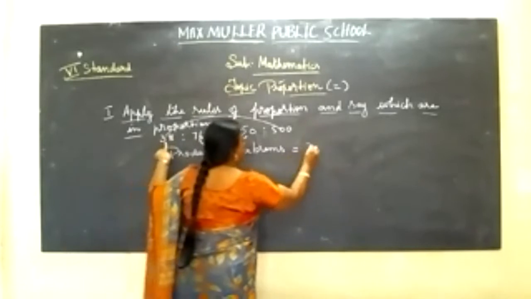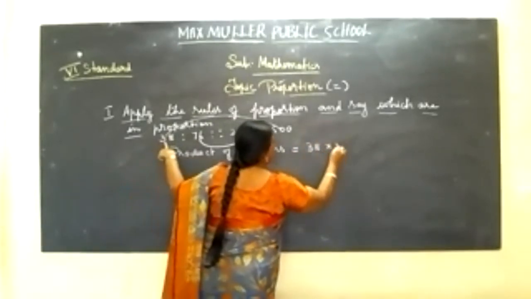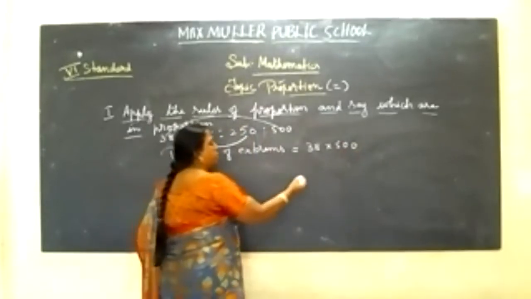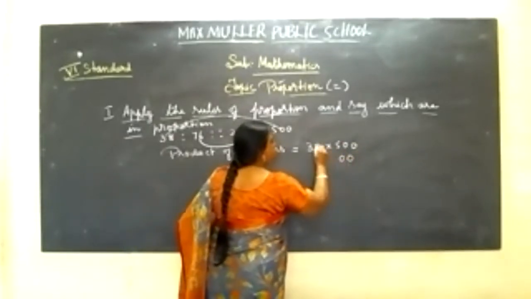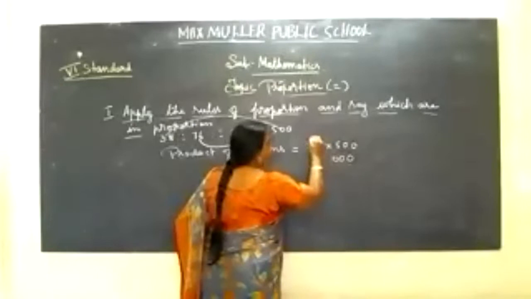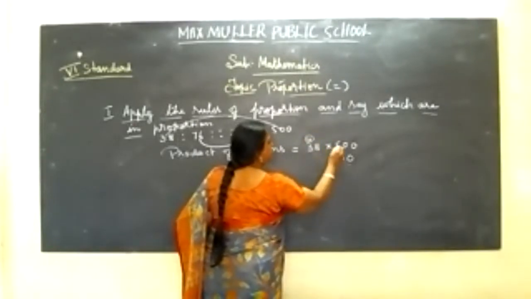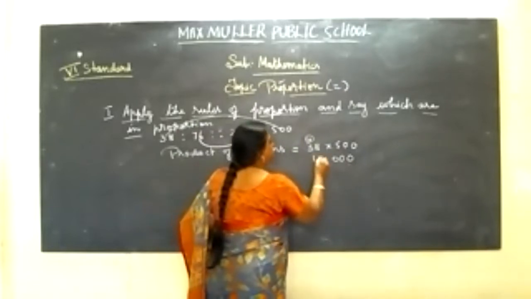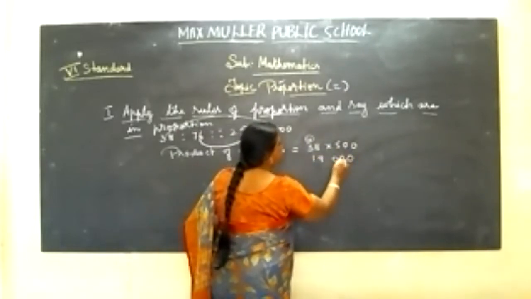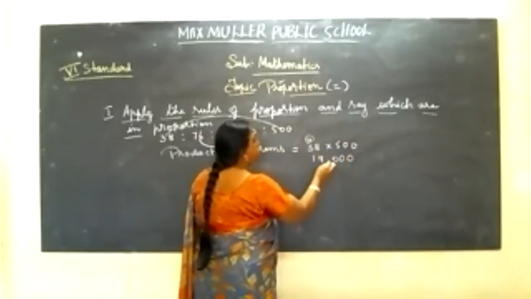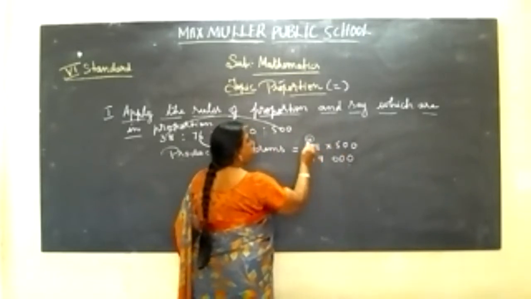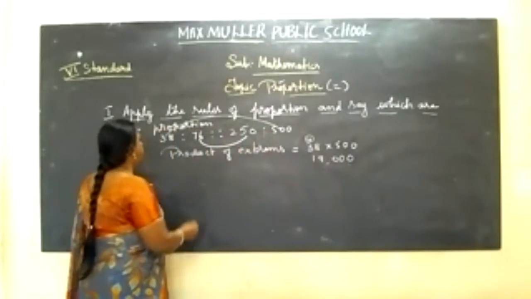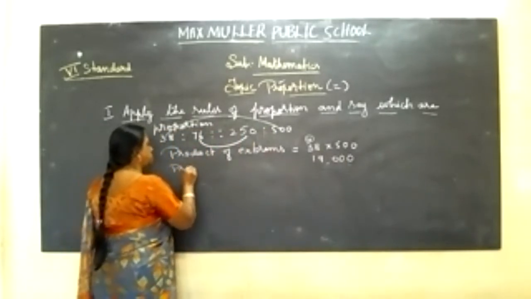So 38 into 500. 38 into 500. So how much is the product? 0, 5 eights are 40, 4 carry, 3 fives are 15, 16, 17, 18, 19. So once again, 0, 5 eights are 40, 4 carry, 3 fives are 15, 15 plus 4 is 19. So 19,000 we got.